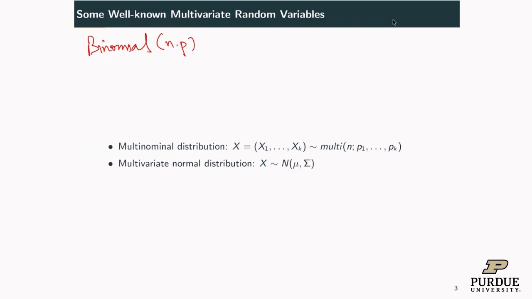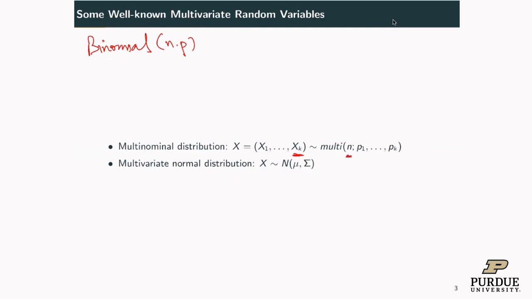For the multinomial distribution, for each experiment, you have k options. For example, you toss a die, you have 6 options, the number can be 1 to 6. Now you have k options, and you perform this experiment n times.